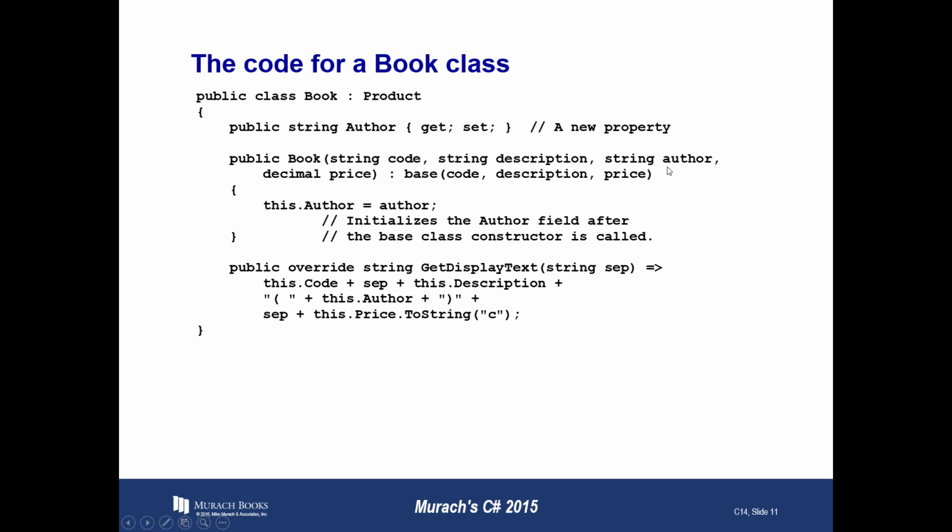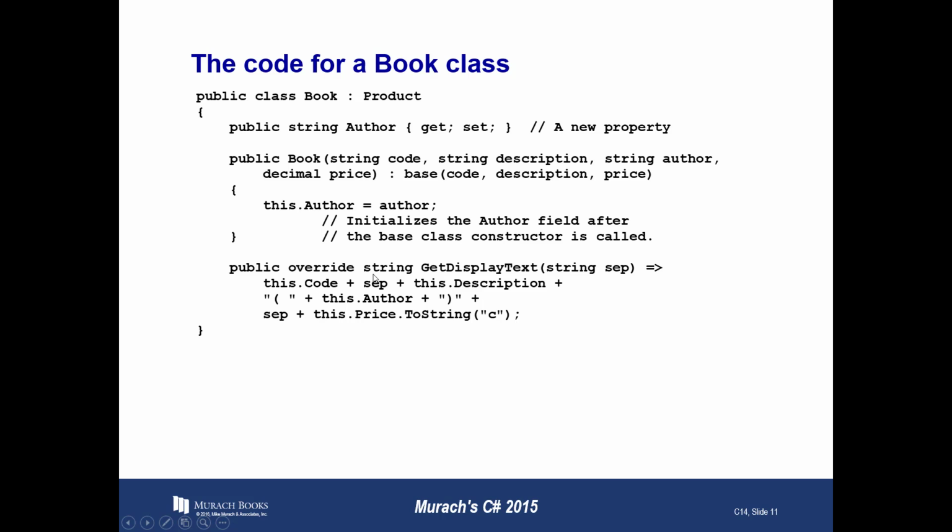Not sure, unless it's because they're all the same data type, why they put string author third there, but they did. All right, and here we're handling the author. This dot author equals author.